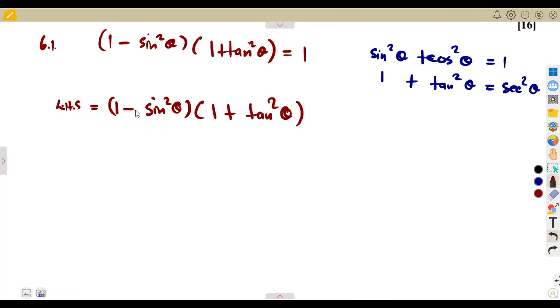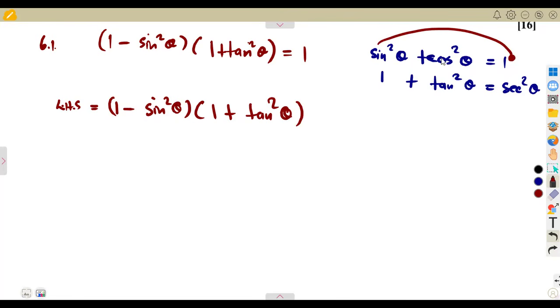All right. I have a 1 minus sine squared, but here I have a sine squared plus a cos squared, which is equivalent to a 1. So if we are to figure out what made us have this 1 minus sine squared, it is just because I transposed the sine squared this side so that it becomes a positive.